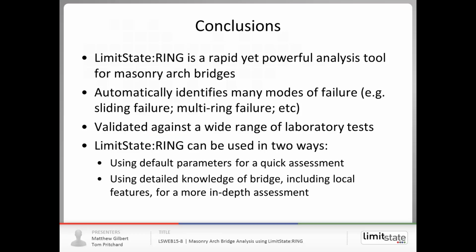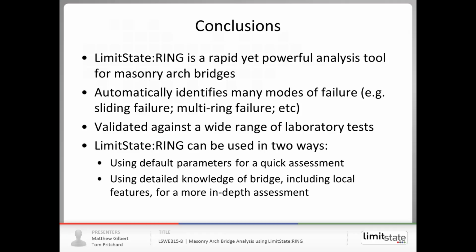LimitState Ring is a rapid yet powerful tool. We can automatically identify modes of failure, whether those involve sliding failure, multi-span failure, including non-standard multi-span failure, as we've just seen.